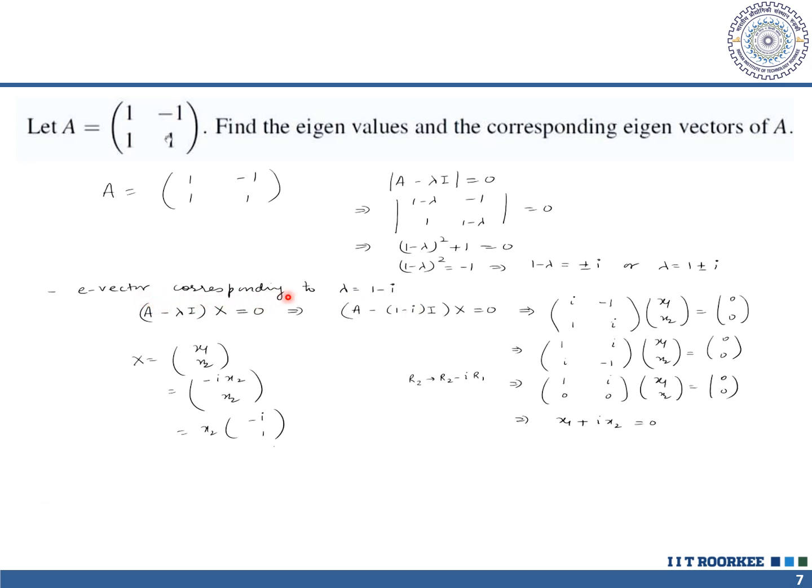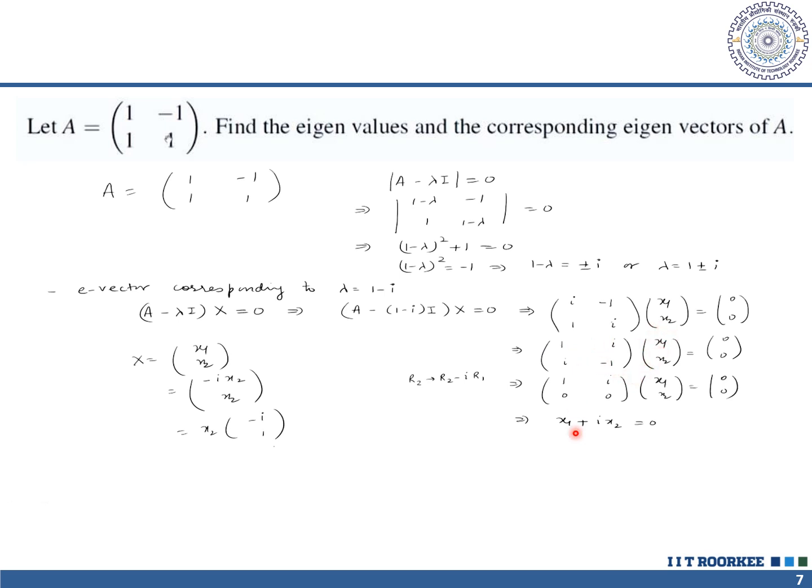The eigenvector corresponding to 1 minus i satisfies A minus lambda I times x equal to 0. We will substitute the value 1 minus i in place of lambda. A minus (1 minus i) times the identity matrix times x equals 0, which gives [i -1; 1 i] times [x1 x2] equal to 0.